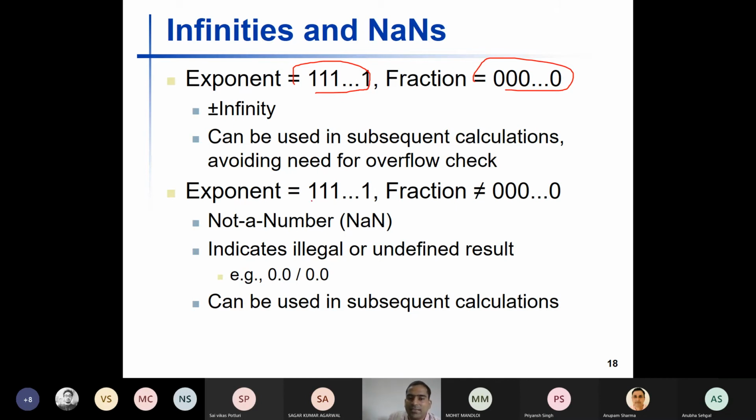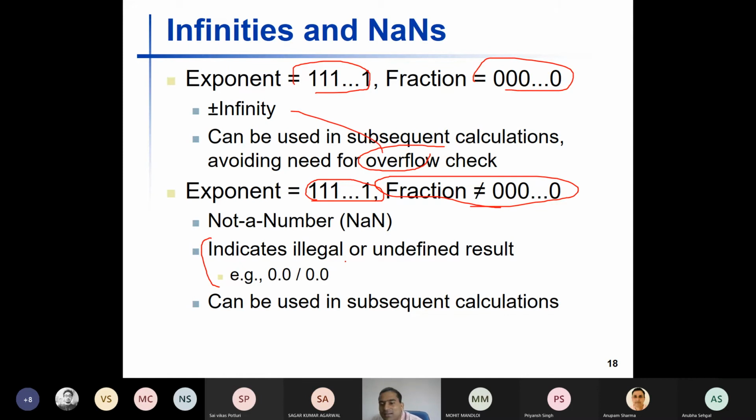And if the exponent is all 1 but the fraction is not all 0, then it is not a number. This indicates some undefined result. Infinity means overflow, and NaN means illegal output.